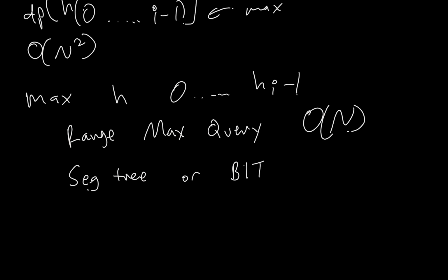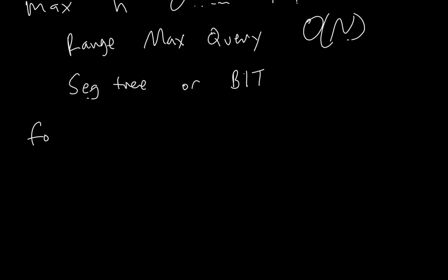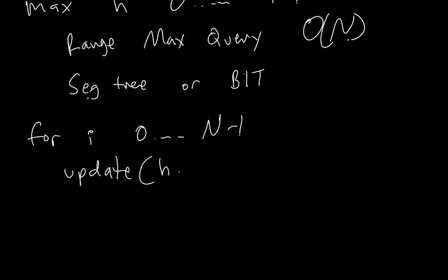So essentially, the final solution would look like this: for i from 0 to n minus 1, you would update the seg tree or the BIT at h_i, where you would query 0 to h_i minus 1.